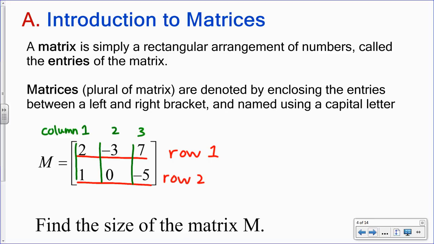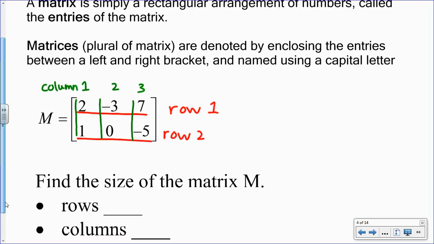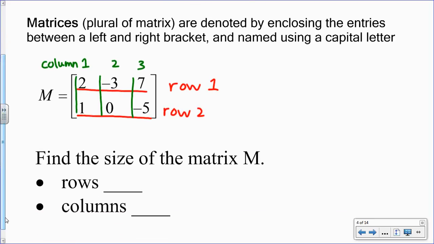And when we talk about the size of the matrix, the size will be the number of rows by the number of columns. We use that little multiplication symbol, but when we read it, you read it as rows by columns, like if you're talking about the dimensions of a room.